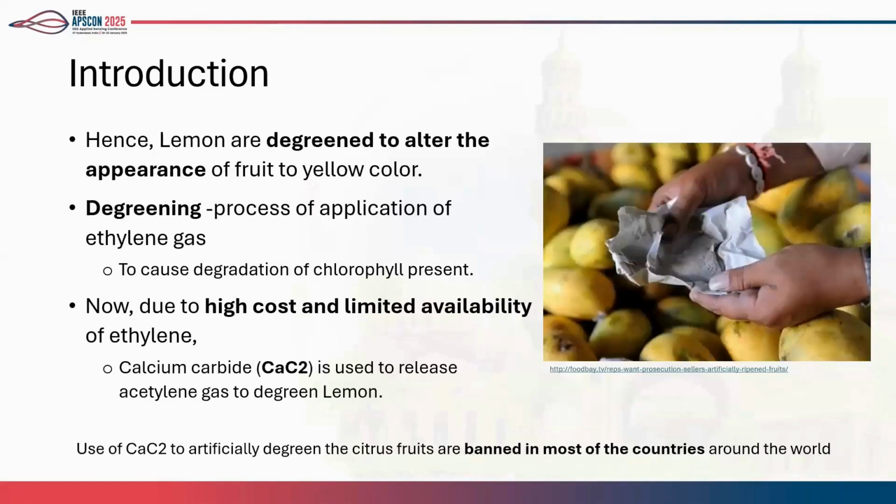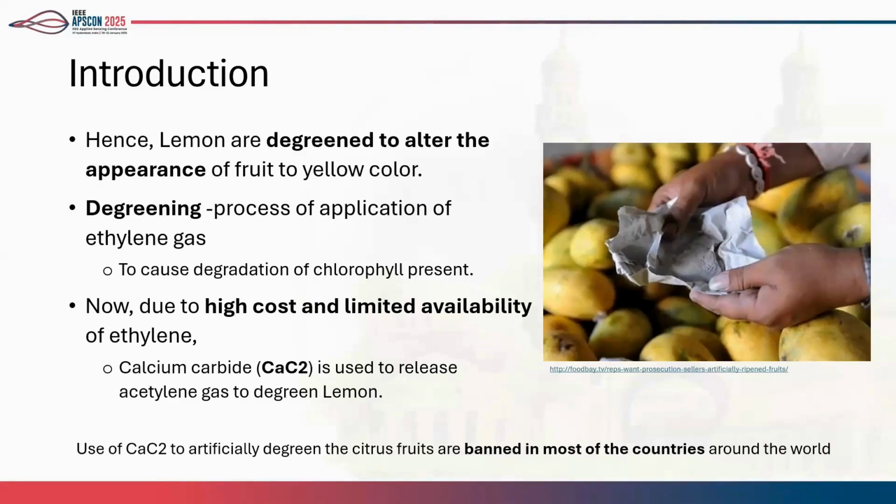Due to increasing demand, it has been observed that lemon is degreened artificially to alter the appearance of the fruit to yellow color. Degreening is basically the process of application of ethylene gas in a controlled manner, which results in degradation of the chlorophyll present in the rind of the citrus fruit.